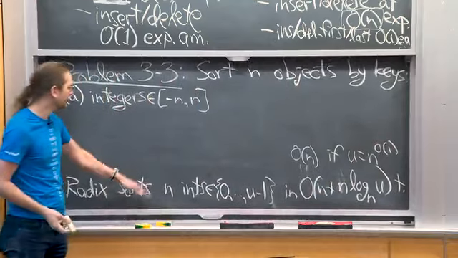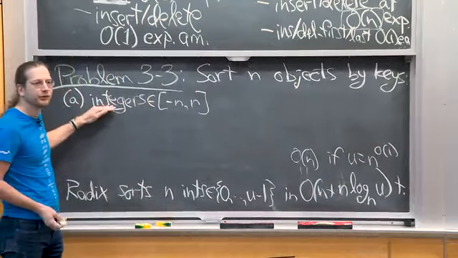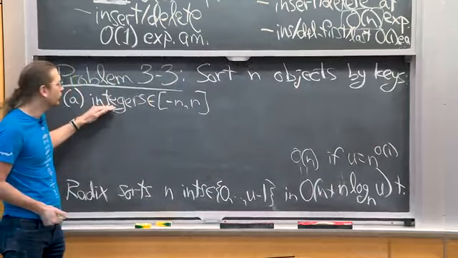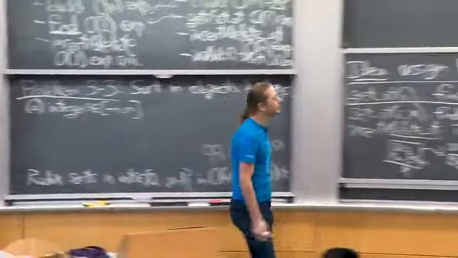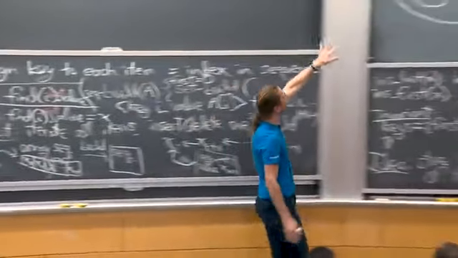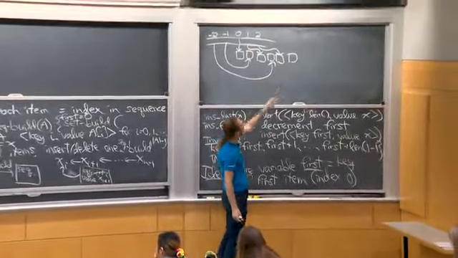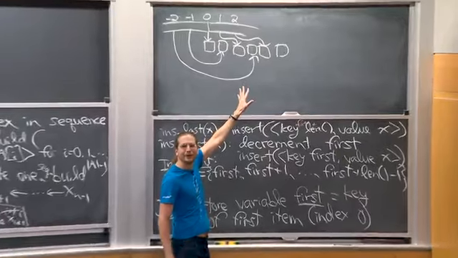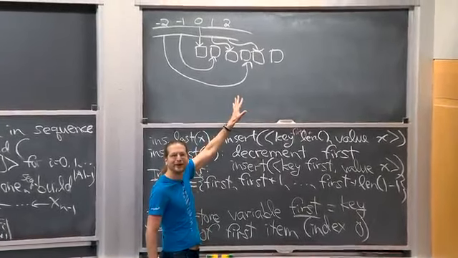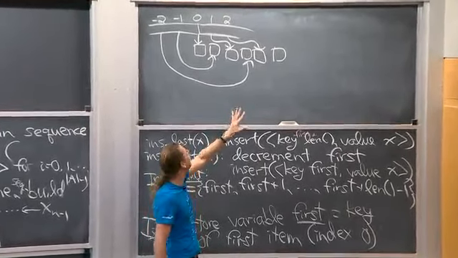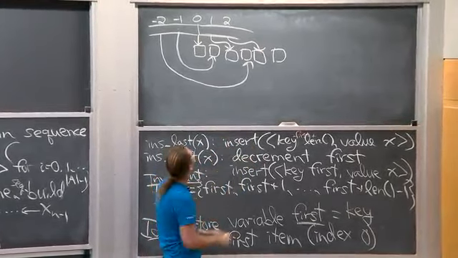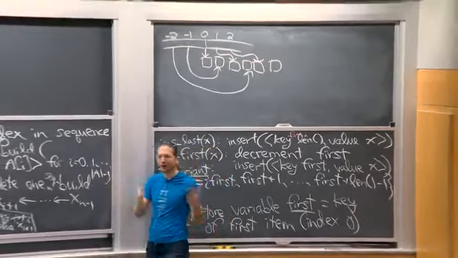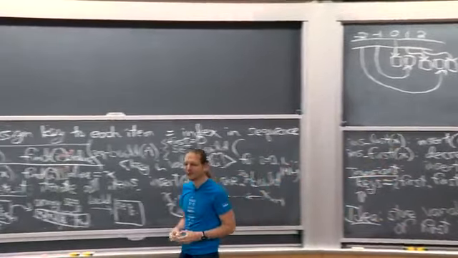Okay, so can I just apply this as is to these integers? No, because they're negative. So what should I do? Maybe I should do my folding trick. We just saw how to take negative numbers and fold them in interspersed with positive numbers. If I sort that, will that work? No, because that does not preserve order. It would intersperse. We want all the negative numbers to come before all the positive numbers. Why can't you just add n to all the integers?